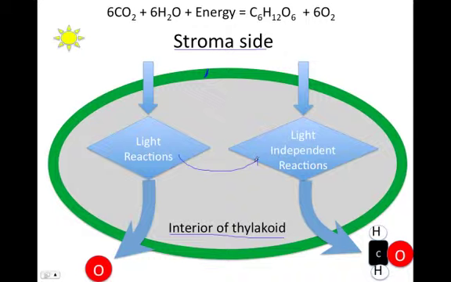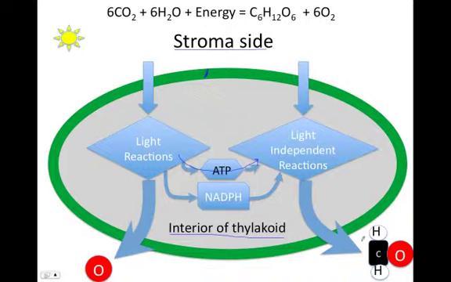And the energy is transferred from the light dependent reactions to the light independent reactions through NADPH and ATP. Both of these molecules are used to store potential energy, and that potential energy then is brought into the light independent reactions and used to convert the carbon dioxide into our sugars.